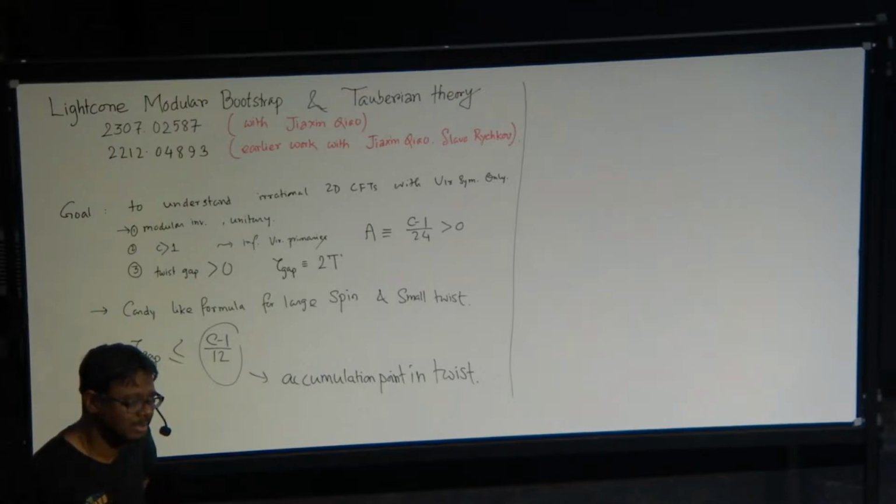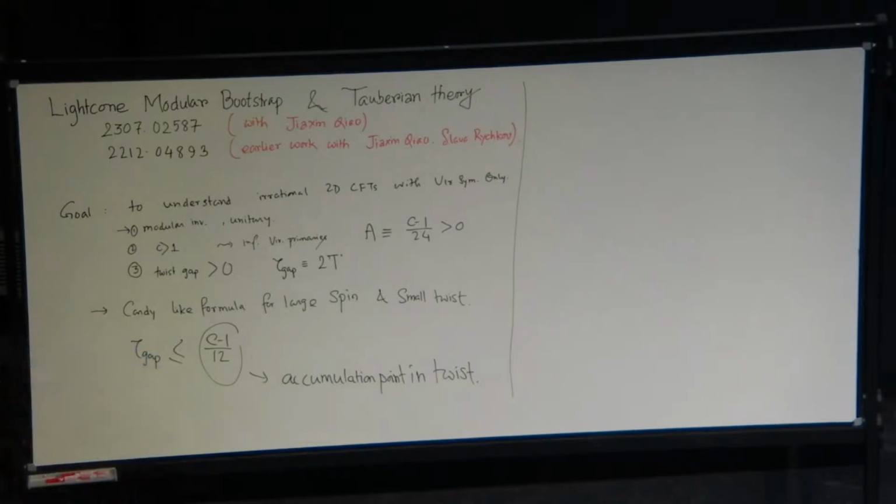So if you want to go anything beyond, I'm not sure just assuming having the identity operator is enough. Well, this is a theorem. We proved it because. No, I understand. You can prove the theorem, but I'm saying that this result is not very strong, because we do not know any example of a non-zero twist gap for a compact CFT, and in fact, it's not even clear if they exist to begin with.